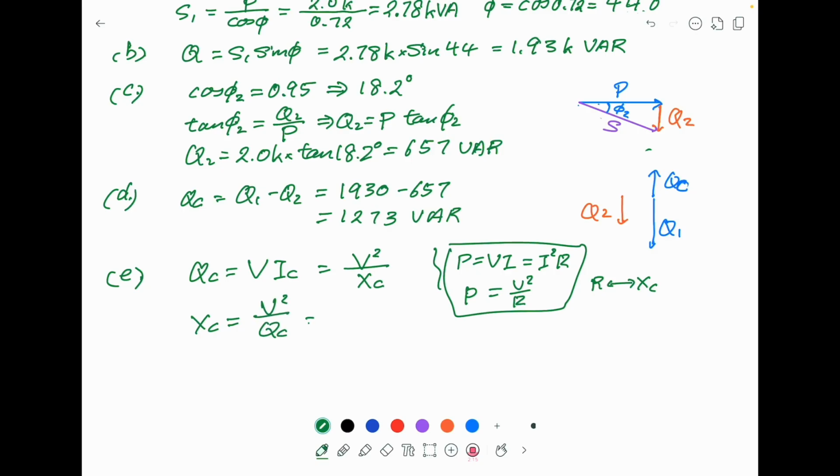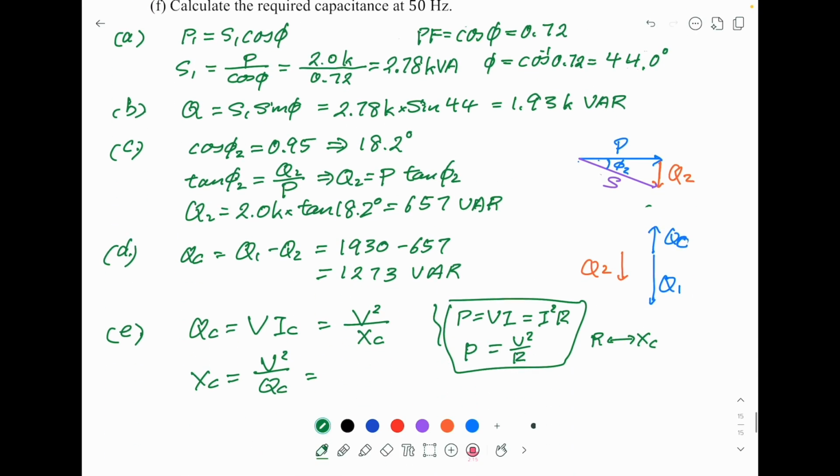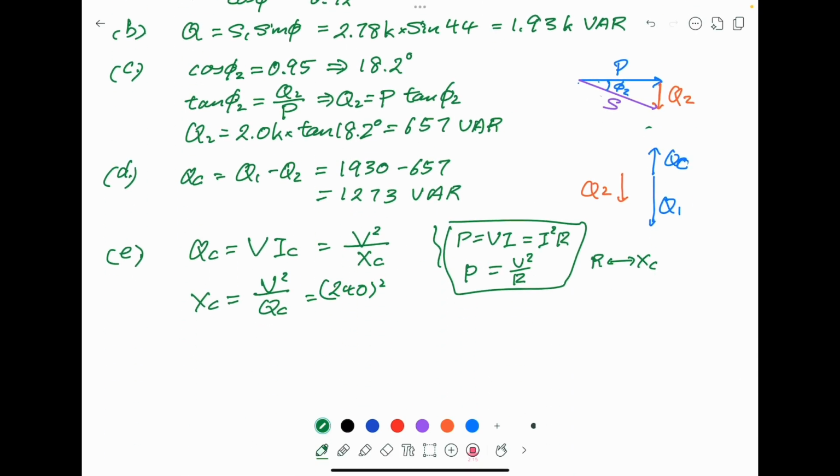So this is equal to 240 squared over this QC, the one we just found, 1273, and we found this is 45.2 ohms.